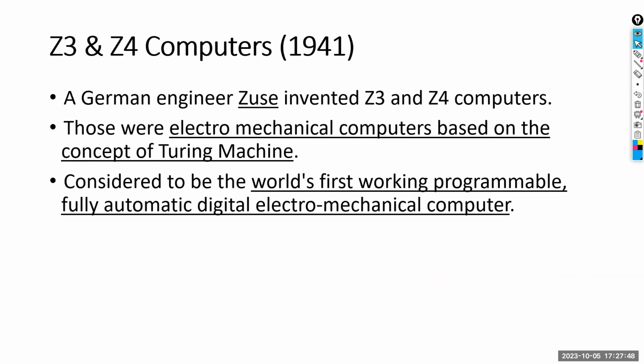Right. So using this modern architecture, or the stored program architecture, the electromechanical computers started to evolve. That means they are concentrating more on general purpose computers rather than just building a computer for one task.